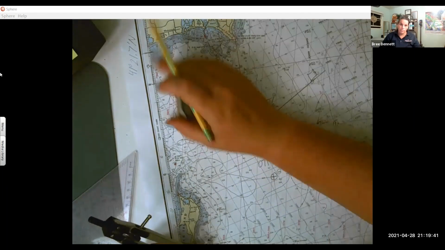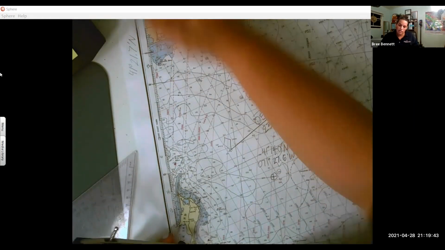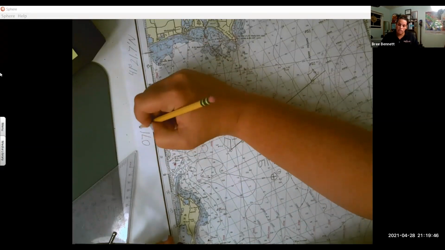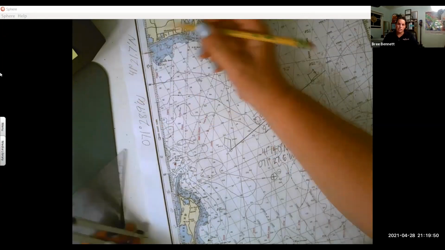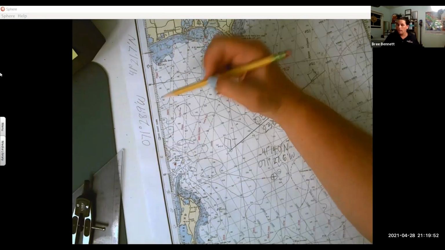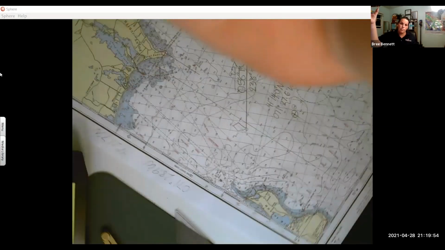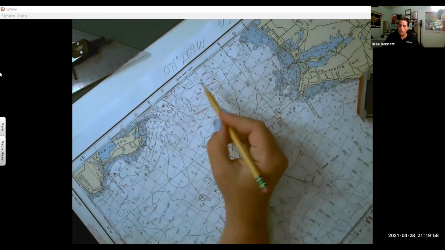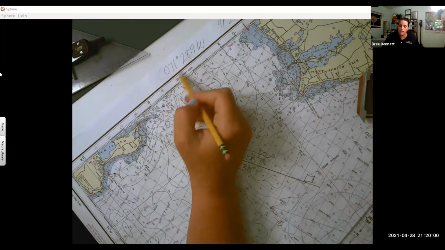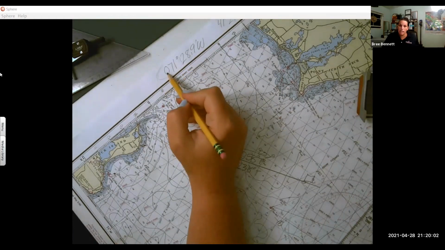So I'm going to write that here. 071, 28.9 minutes west. I know this is sideways. Remember, we always want to put that placeholder in for longitude, 071.